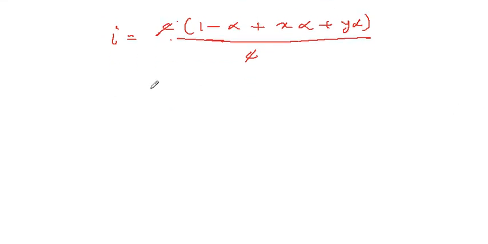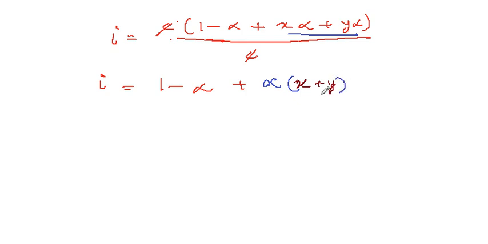So what we can have is i equals 1 minus alpha plus, if we take alpha as a common factor in the other two parts, alpha times (x plus y).